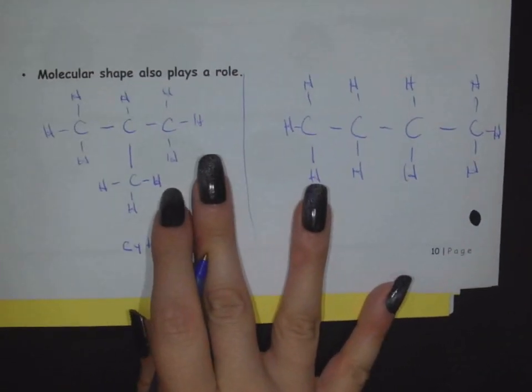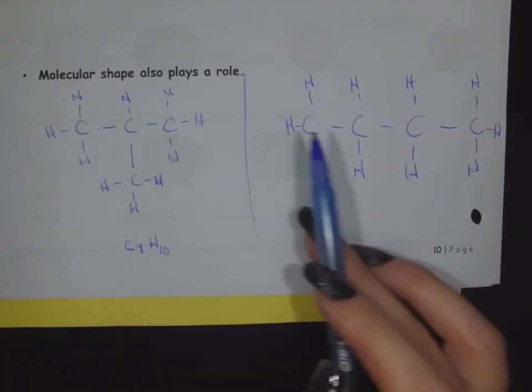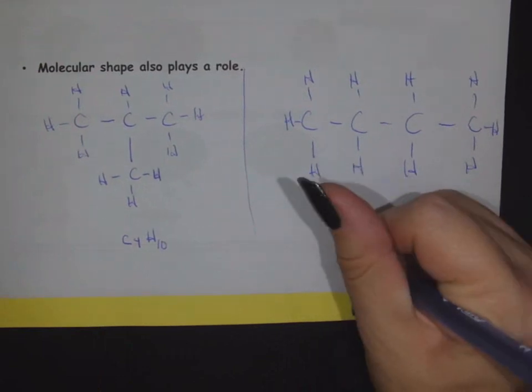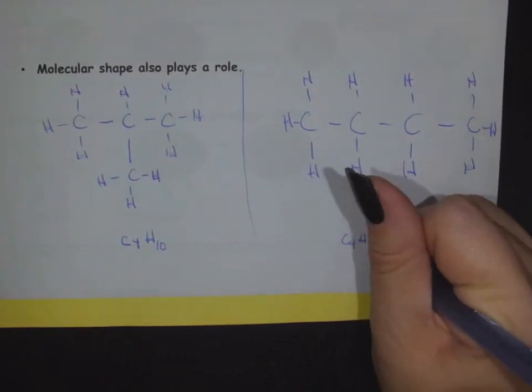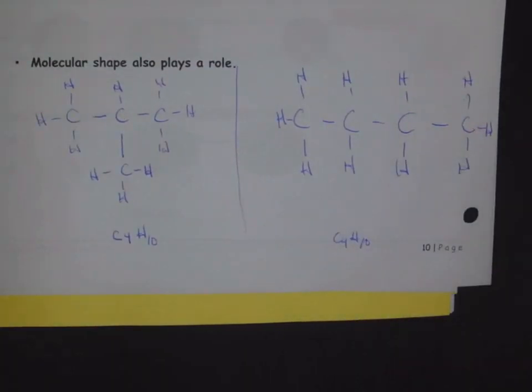Do you see how this shape differs from this shape? C4H10, 1, 2, 3, 4, 5, 6, 7, 8, 9, 10, yes.